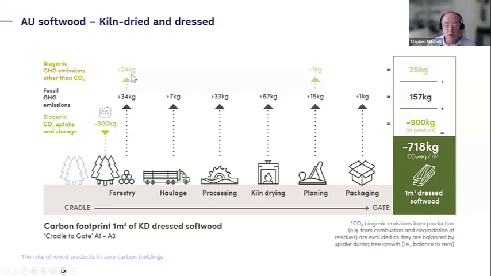We've also got biogenic greenhouse gas emissions other than CO2 that are emitted at a couple of stages here as well. Mainly that's from the combustion of some of the wood residues in the forest plantation. And so you add these numbers together and you get this carbon footprint. I'll explain a bit more what those numbers are, but this is a grab from the Australian softwood EPD that gives you those numbers.